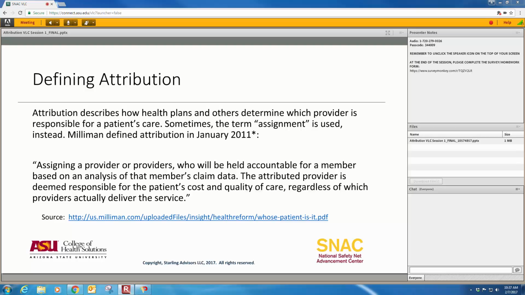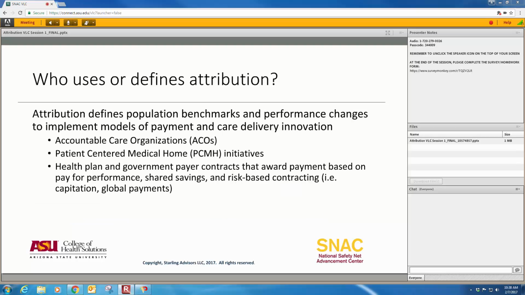The attributed provider is deemed responsible for the patient's cost and quality of care, regardless of which other providers actually deliver the services. So as the HMO world defined the gatekeeper, in this emerging world of value-based reimbursement, we tend to think of the attributed provider as the quarterback, the one that's responsible for calling plays and seeing that they get executed properly.